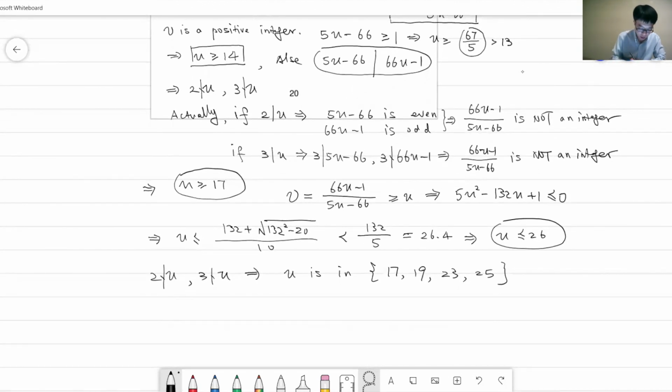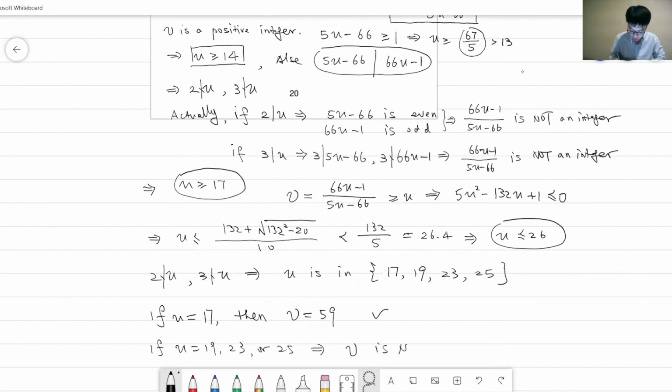And we can double check these numbers. If u equals 17, then you can plug in and solve v equals 59. So this works. If u equals 19, 23, or 25, we can see that v is not an integer.